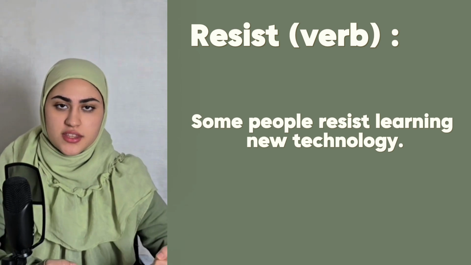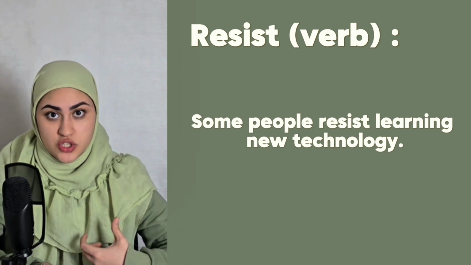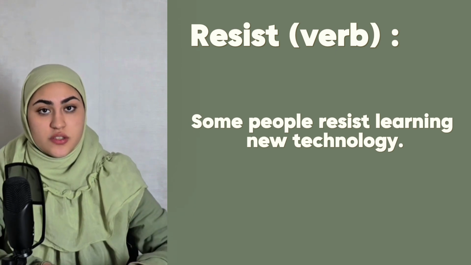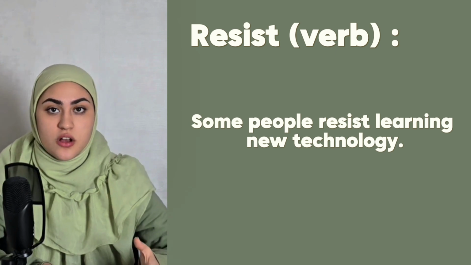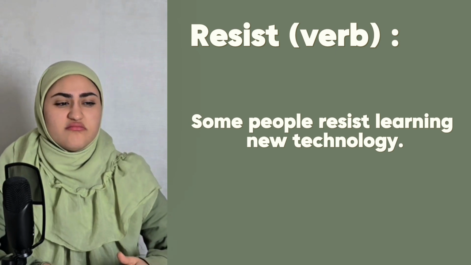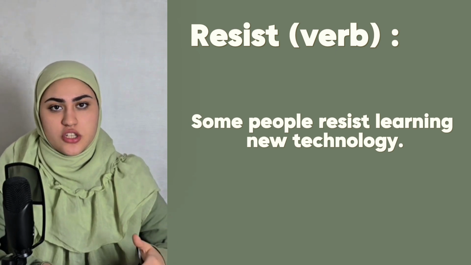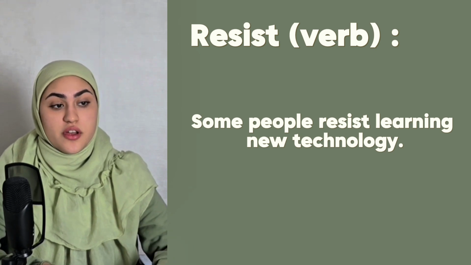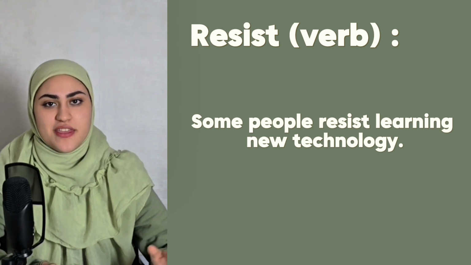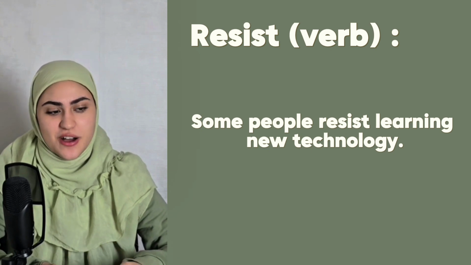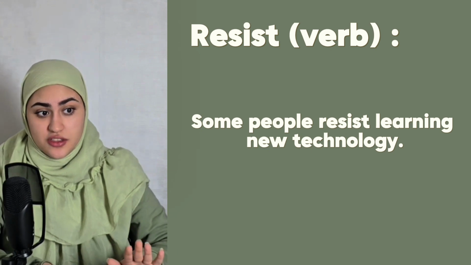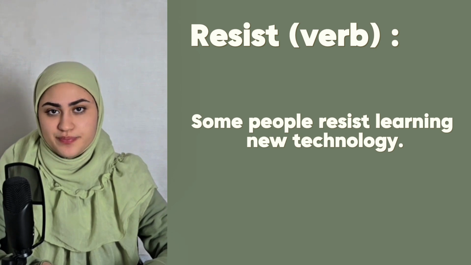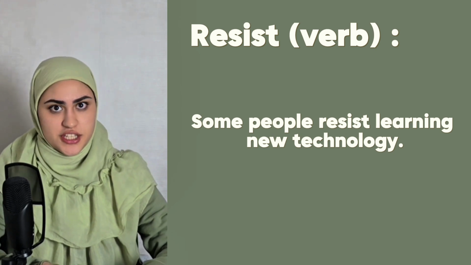They want to do the things the way they always used to do them. They're more comfortable, they resist new changes. For example, if you introduce them to new technology, they're like, I don't like to do it. Or they're like, I don't know, maybe later. And then they go to do other stuff. So that is resisting. They're avoiding it. They are refusing to accept changes and to make changes.